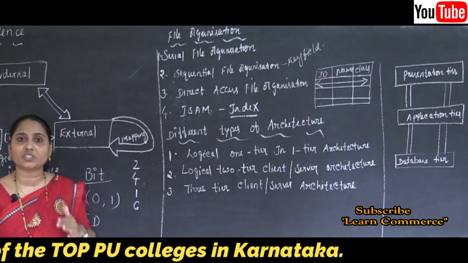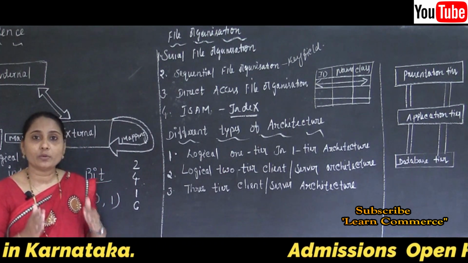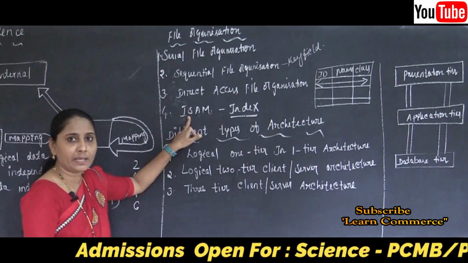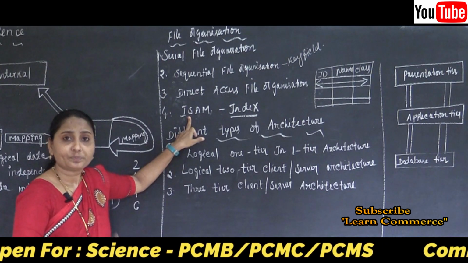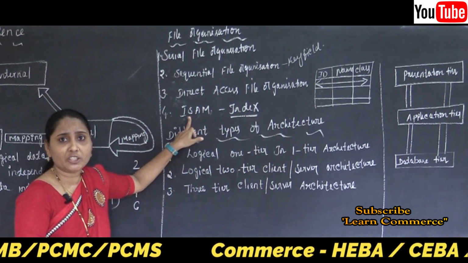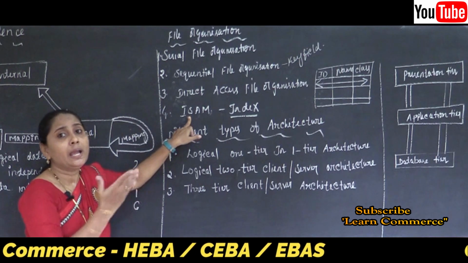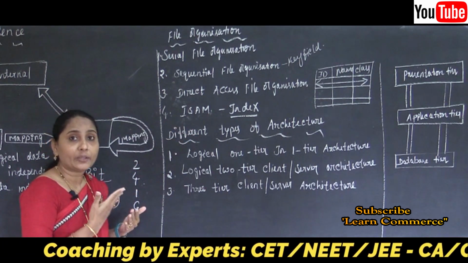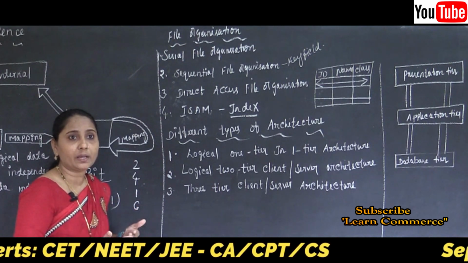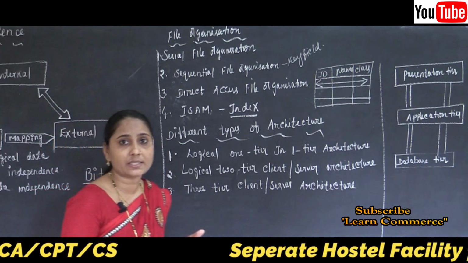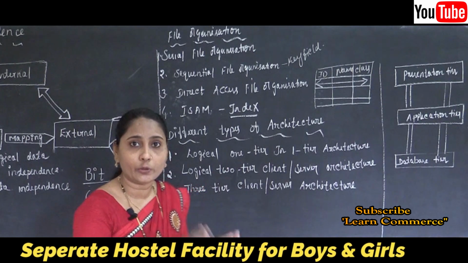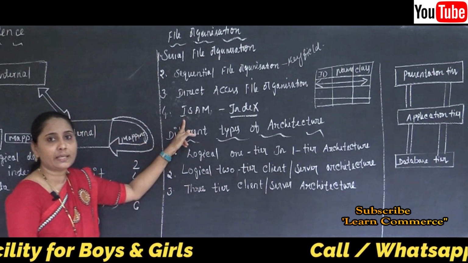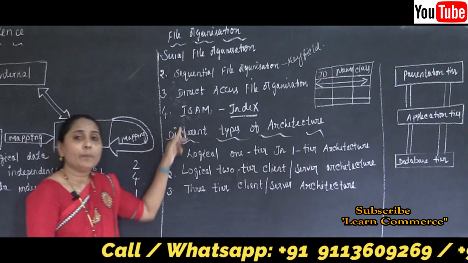We don't want to search the entire file because ISAM is a hybrid. It is a combination of sequential as well as direct access file organization. So the methods of both sequential and direct access file organization can be used in our ISAM, the indexed sequential access method.